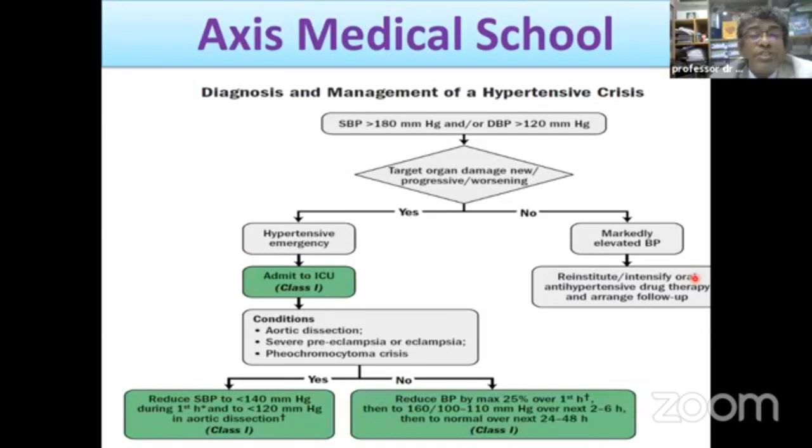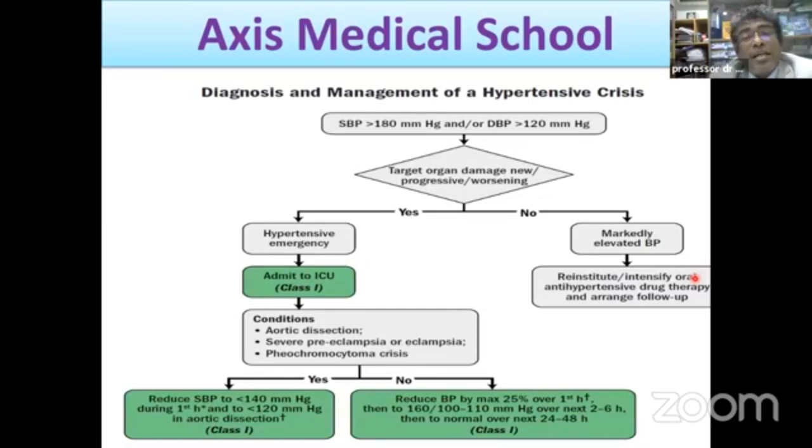If these conditions are not associated, that is, no aortic dissection, no severe preeclampsia or eclampsia, and no pheochromocytoma crisis, there is only hypertensive emergency. In that case, reduce blood pressure by a maximum of 25 percent over the first hour, then to 160 over 100 to 110 millimeter mercury over the next 2 to 6 hours, then to normal over the next 24 to 48 hours.